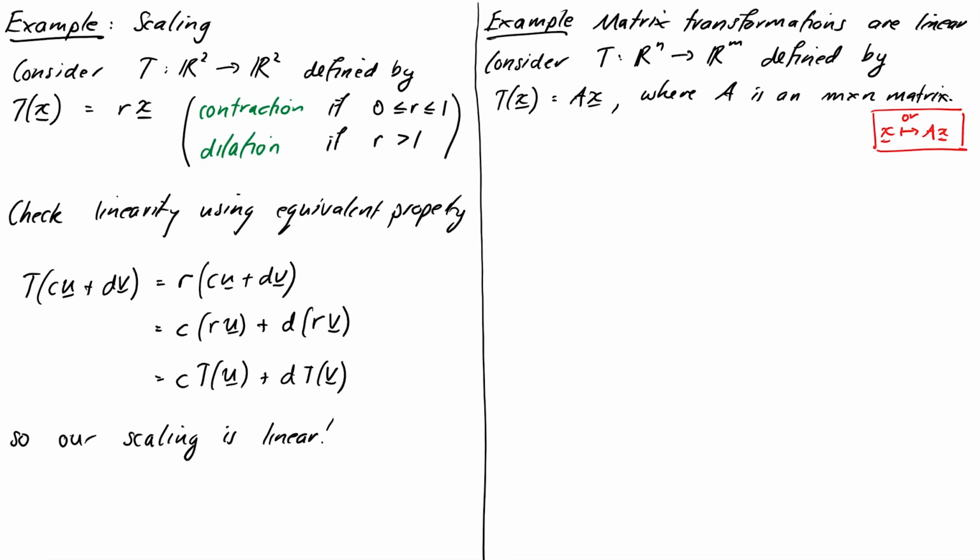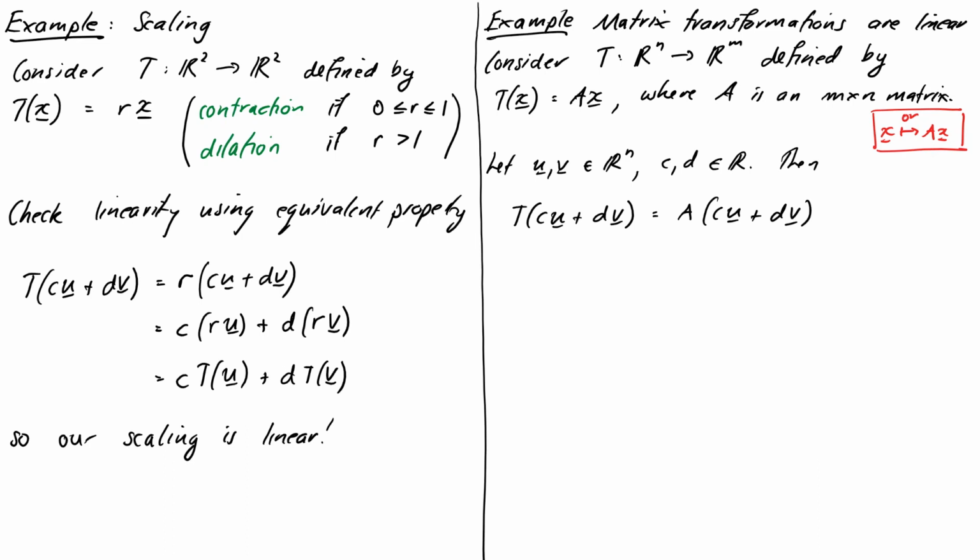We'll show it's linear the same way as before. So let u and v be vectors in Rn and c and d be scalars. Then again, we'll start on the left-hand side with that same property. T of c times u plus d times v is, for us this time, multiplying by A. So that will be A times cu plus dv. Again, this is very similar to our previous one.